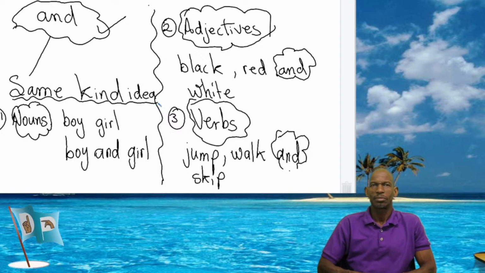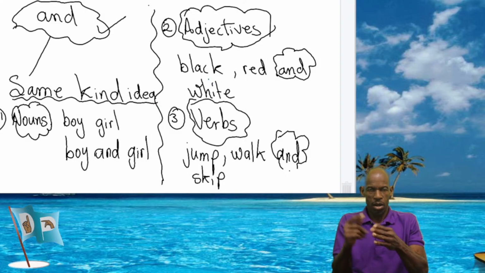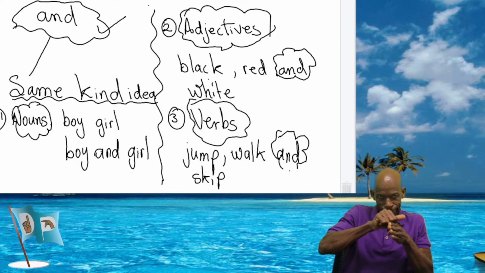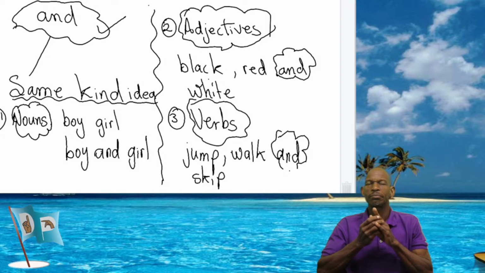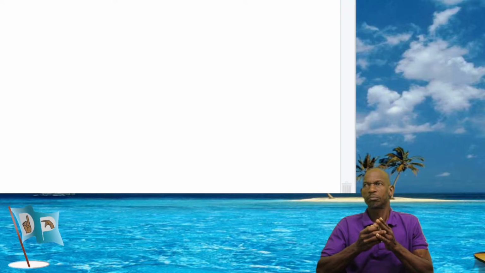Okay, so let's see if we can do some practice together. Somebody came out. Let me see if I can get her back in. Going to the next page. So let's practice.